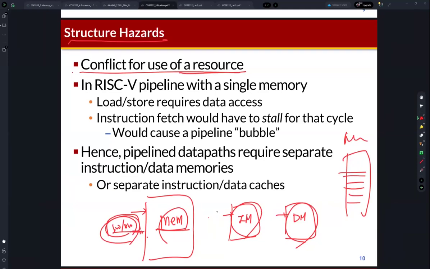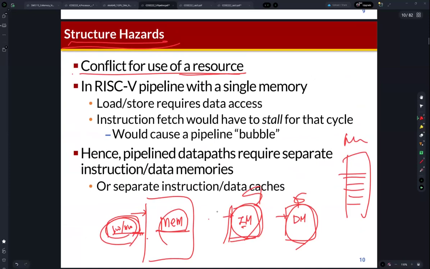You may not understand the situation, but actually this is the cache, the real memory. We will learn about the cache later. Just understand that in the processor, the instruction memory and data memory are separated to avoid the structure hazard.